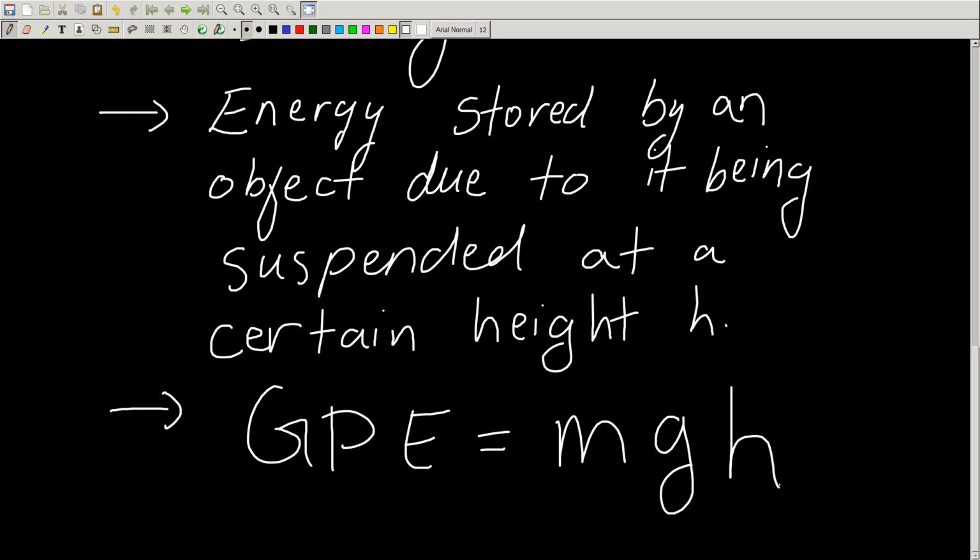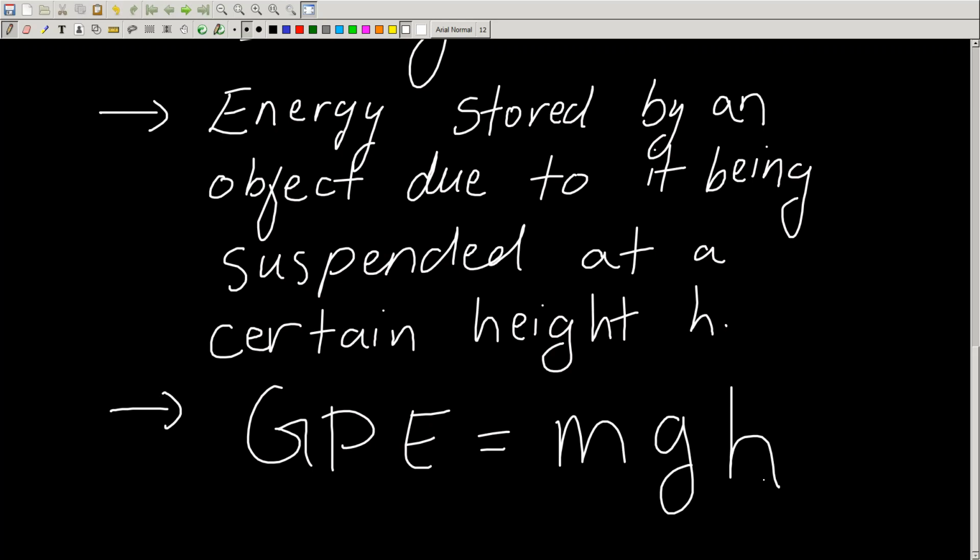But what if you're at a different height? If you're at a different height above the Earth's surface, then if you have further to fall, I want you to think about this. If you have further to fall, then you probably have more energy stored because the object that falls will gain more and more speed the more and more it falls, right? So let me say that again. If an object is at a higher height, the object has more distance to fall.